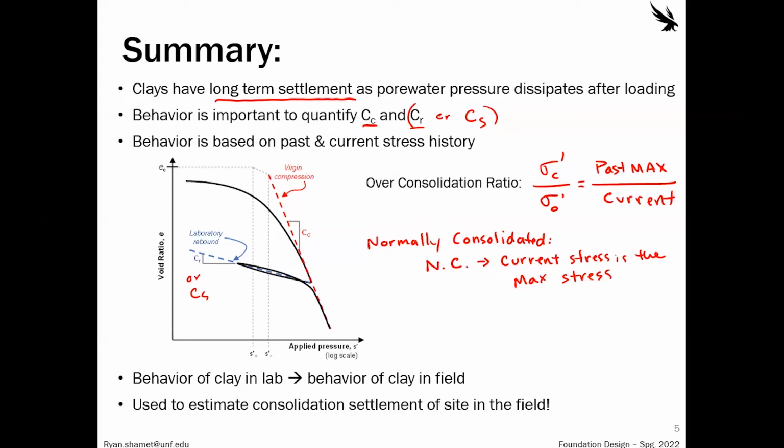So what that means is your current stress is equal to the past max stress, which means the OCR is equal to 1. So we can never have an OCR less than 1, because current and past would always be equal to each other. That's the lower boundary.